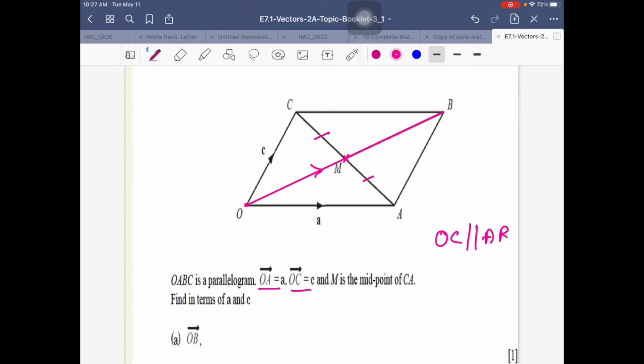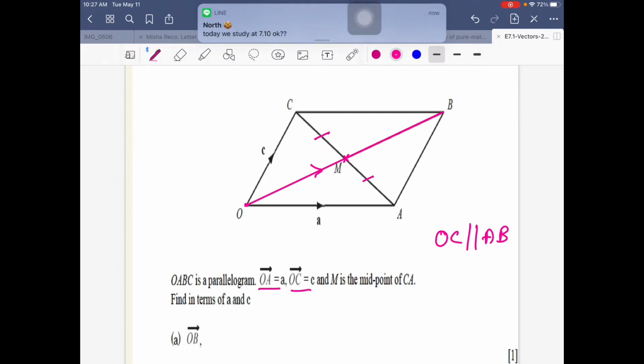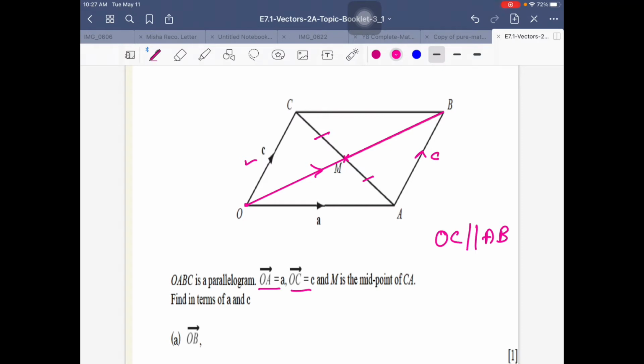Opposite sides of a parallelogram are parallel and also equal. So if OC vector is c, AB vector must be c, because they are equal in size and parallel. So I can write OC vector is equal to AB vector.